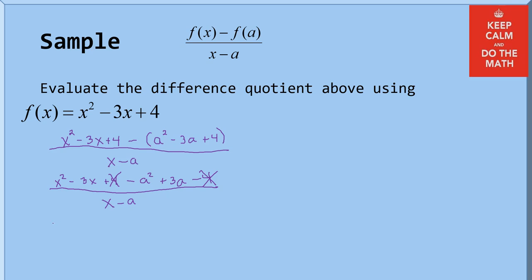So I'm going to go ahead and put the x squared minus a squared first, because it's looking like it might be a difference of squares somehow. So let's take the minus 3x, and then that gives me plus 3a. And all of this is over x minus a.